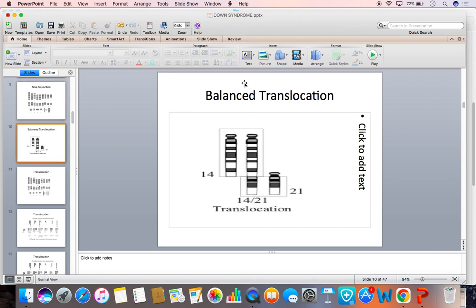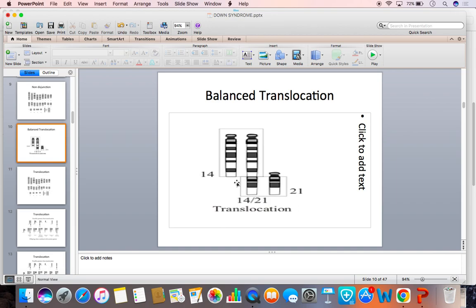Then coming to the translocation. This situation is called balanced translocation. We have got 1 chromosome 21 and another translocated chromosome 14;21. So there is the chromosome 14 onto which chromosome 21 has translocated.